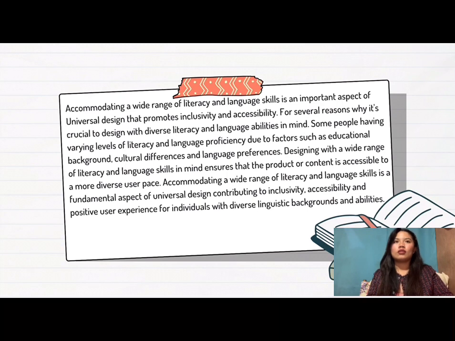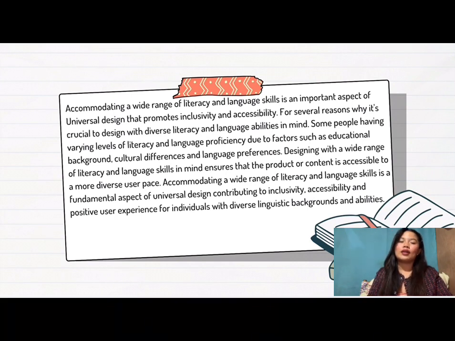So it is an important aspect of universal design that promotes inclusivity and accessibility. So here are several reasons why it's crucial to design with diverse literacy and language abilities in mind.